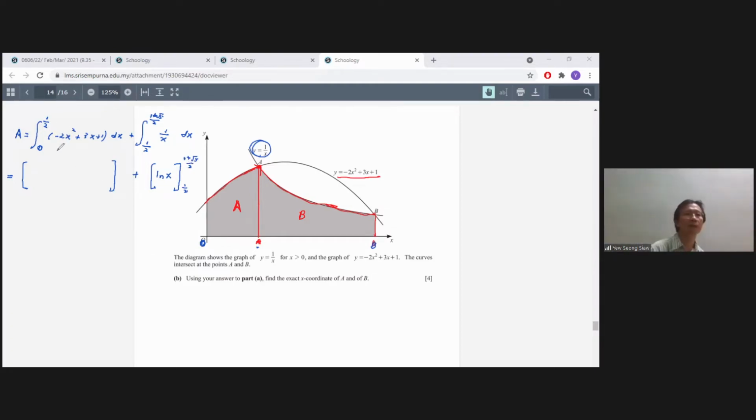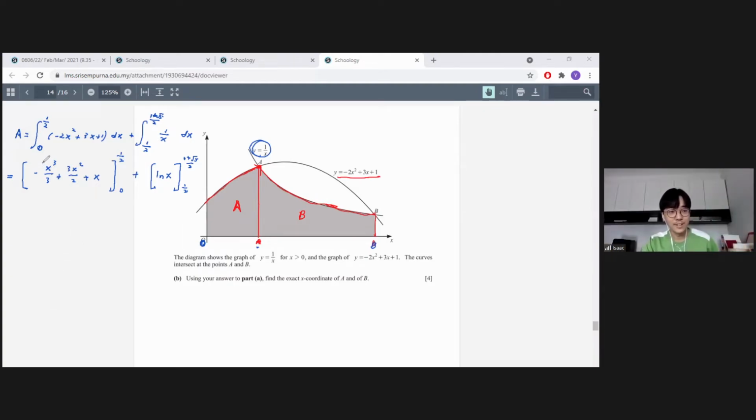This one just normal, integrate normal. So I forgot to add a 2 in front. They got 2.